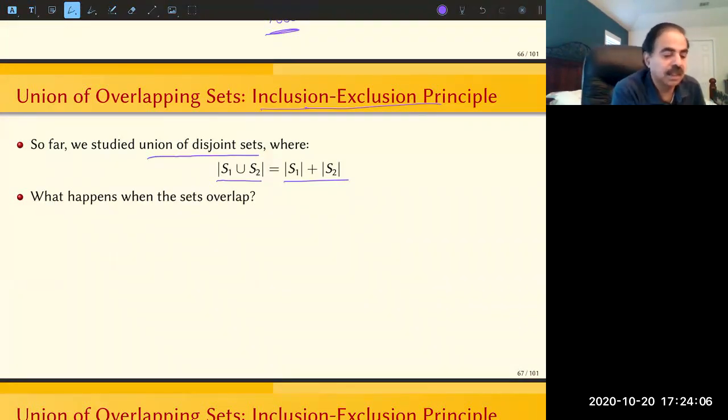So what happens when the sets overlap? This is one of the problems that you have solved many times in high school.